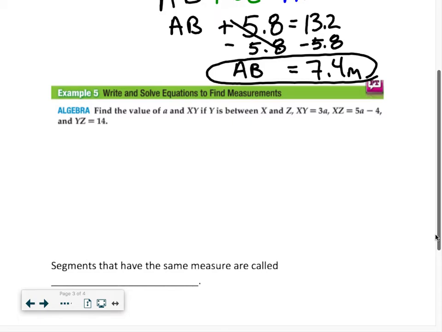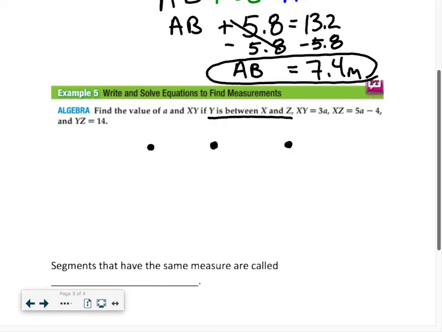So find the value of a and XY if Y is between X and Z. This part of the problem, Y is between X and Z, gives me this relationship here. They're all collinear, so they all lie on the same line, which I didn't do a very good job of drawing.